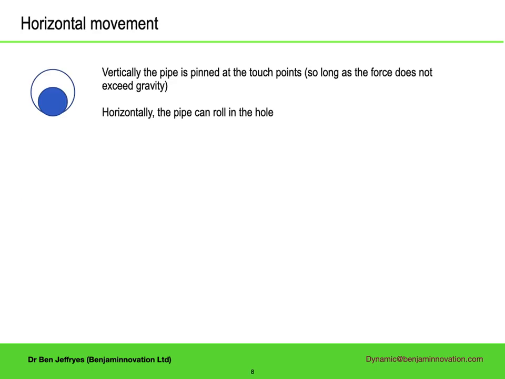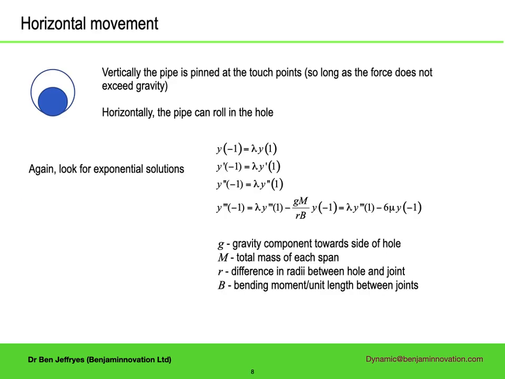Again, we look for exponential solutions, but now there are 4 equations. The rolling condition is the 4th equation. The restoring effect depends on one scalar, which I am calling mu, which is a ratio involving gravity, the rolling radius, and the mass and bending stiffness of each span. Remember, g is the component of gravity normal to the hole direction, so is proportional to the sine of the hole angle.